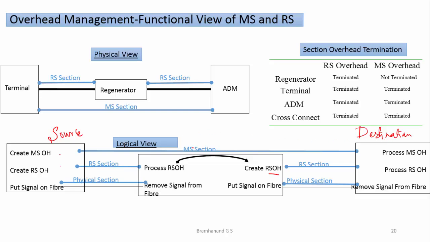If we consider this as a multiplex section, it is not processed in this regenerator; it is only processed at the end terminal multiplexer. To quickly summarize, in the regenerator the regenerator section overhead is terminated and the multiplex section overhead is not terminated, whereas in all other building blocks of SDH, both overheads are processed.